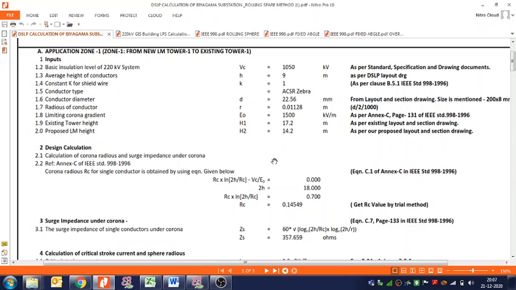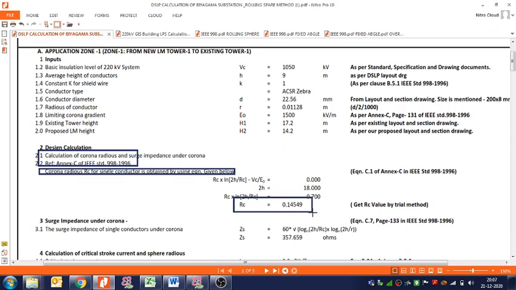This method involves the BIL level of the substation, and with reference to IEEE 998, we calculate the corona radius RC by this formula.